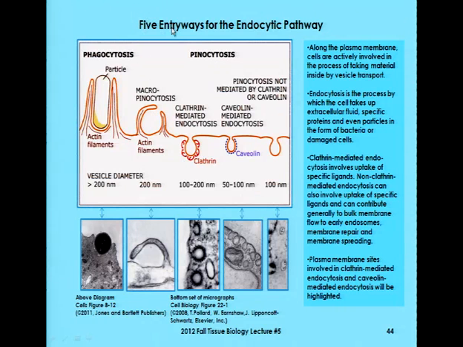There are 5 entryways for the endocytic pathway. Along the plasma membrane, cells are actively involved in the process of taking material inside the cell by vesicular transport.